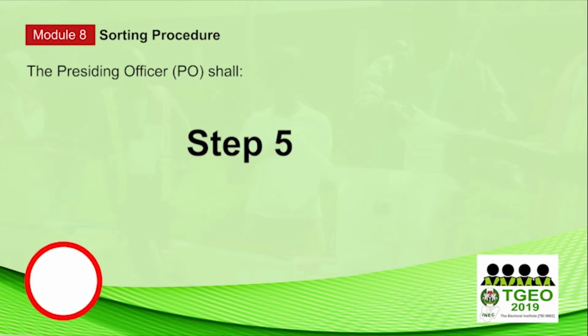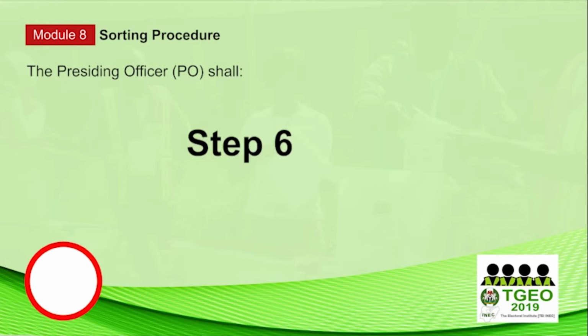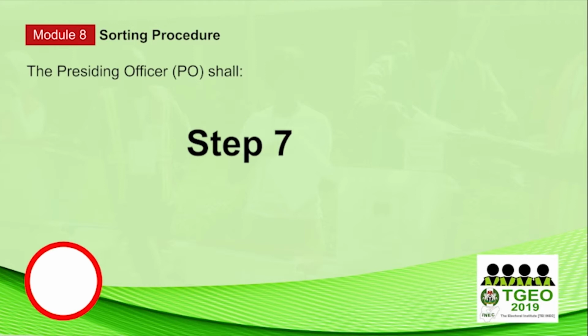Step 5. Where any objection against such rejection is raised by a candidate or polling agents, write the words "rejected but objected to" on the front of the ballot. Step 6. Count and record the quantity and their serial numbers on Form EC40B. Step 7.